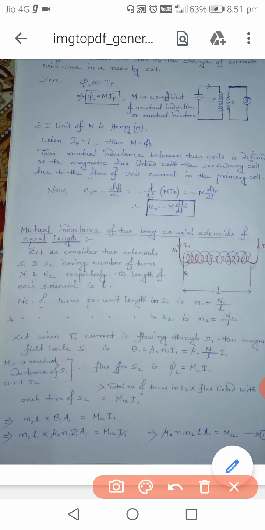Let us consider two solenoids S1 and S2 having number of turns N1 and N2 respectively.